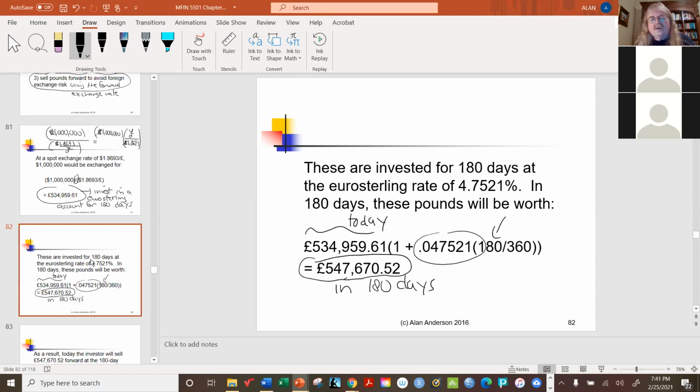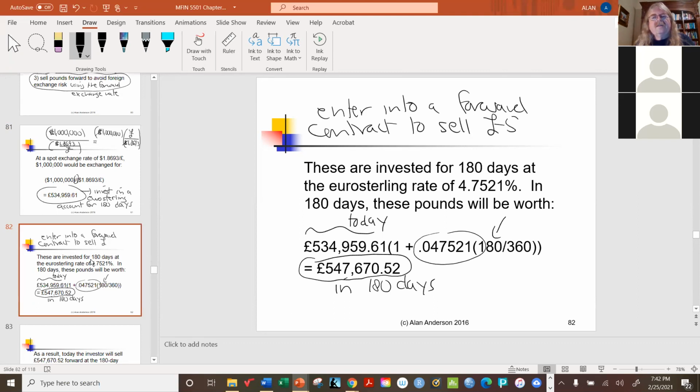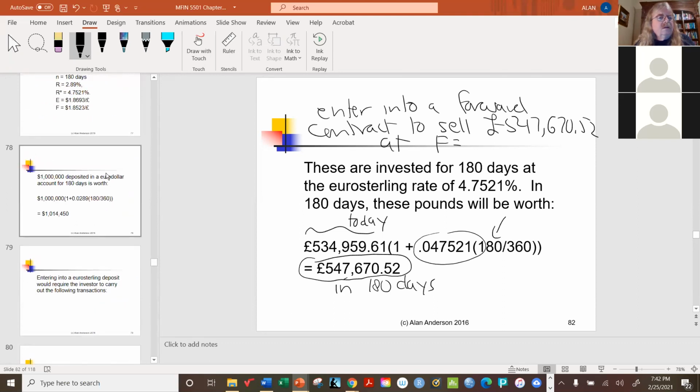So while we're doing this, we also have to enter into a forward contract to sell 547,670.52 pounds at the forward exchange rate that we were just given of, what is it, 185.23.